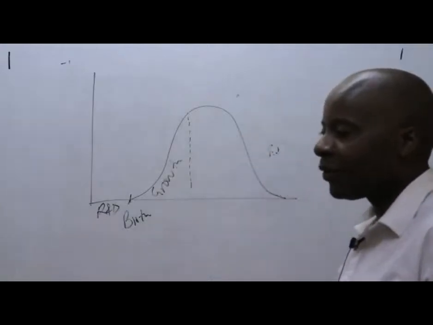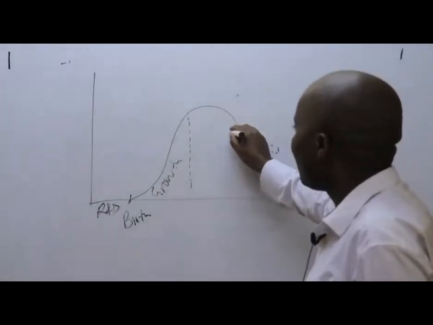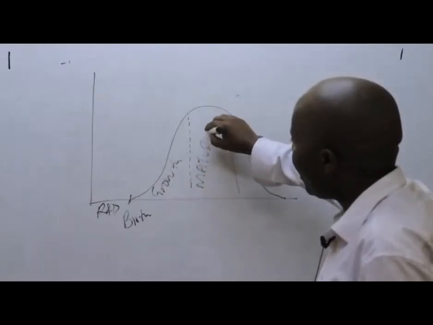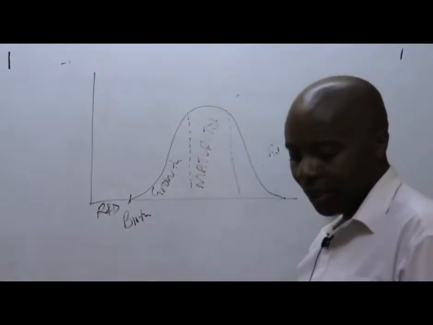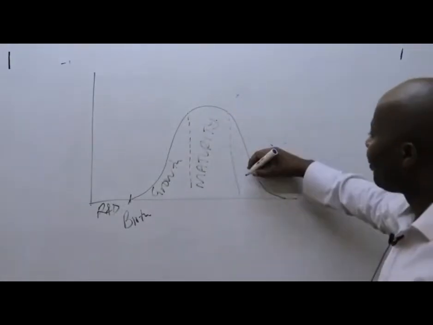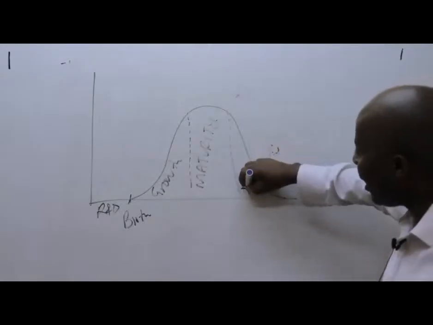Ladies and gentlemen, after that, what else do we have? We'll of course mature. You can't grow forever. So we have maturity, and then we'll come and talk of death. Not death first of all, we have decline.